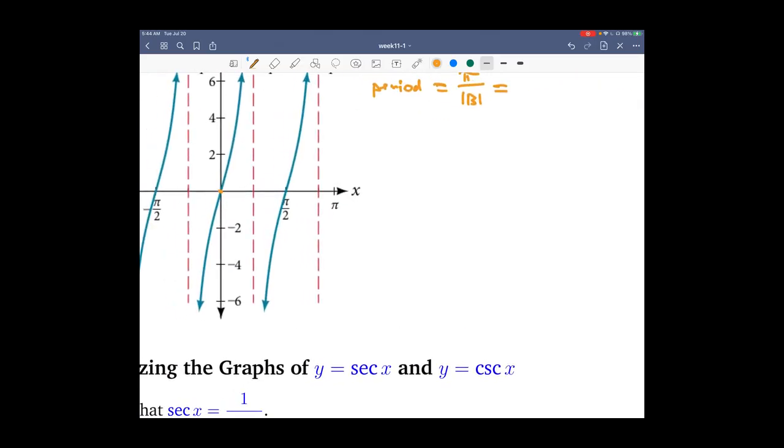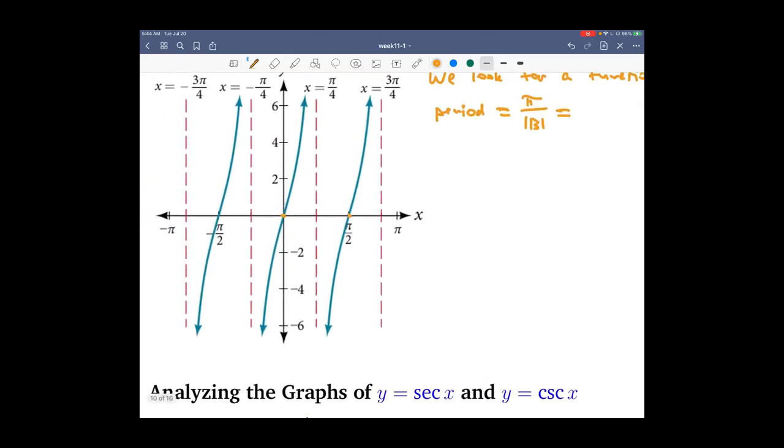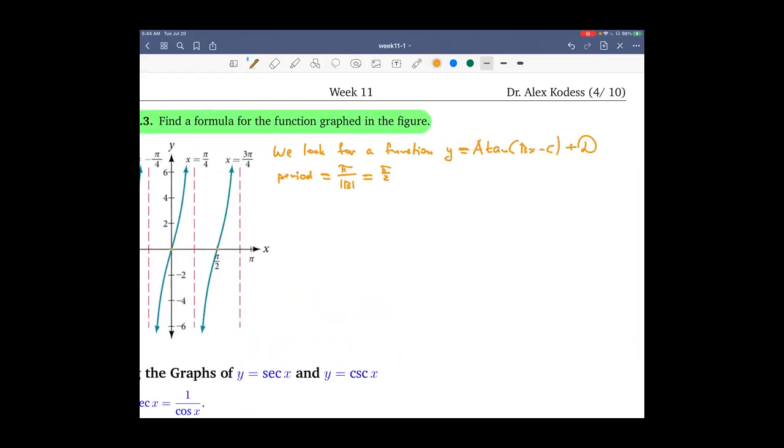The difference between two consecutive zeros is pi over 2. So from here, absolute value of b is pi over 2, which is 2.